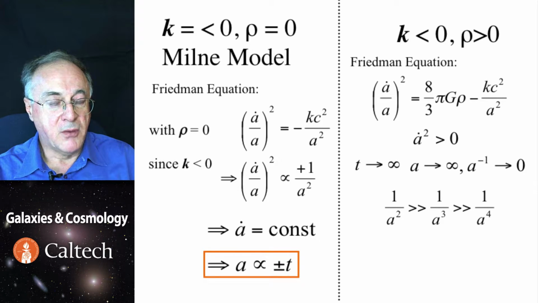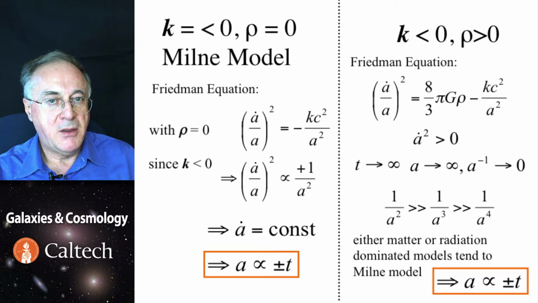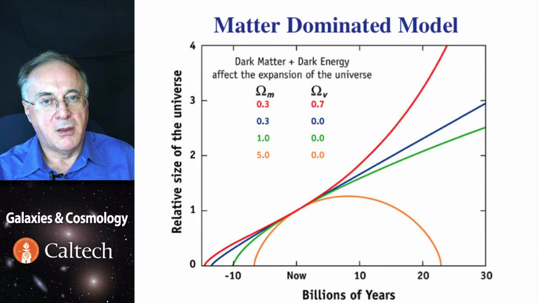And since the obvious inequality applies here, we see that in an asymptotic case, either matter or radiation-dominated universe will in the end behave just like the Milne model.